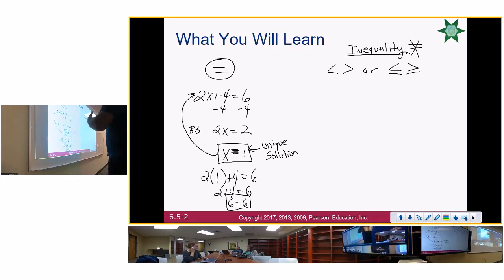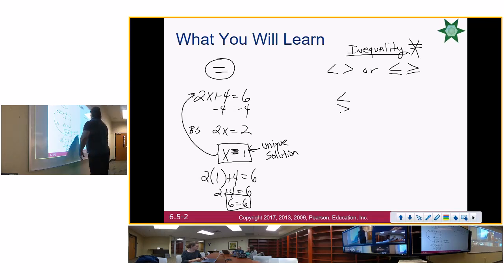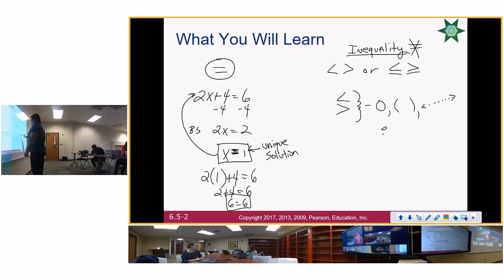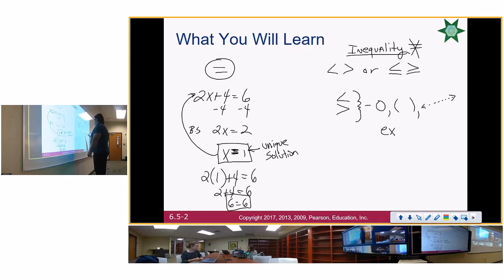Now, before we even start on an inequality, we're going to talk about these 4 signs. These two, depending on your application, are going to get an open circle or parentheses or a dashed line. This is exclusive. Somebody tell me what exclusive means, or exclude.